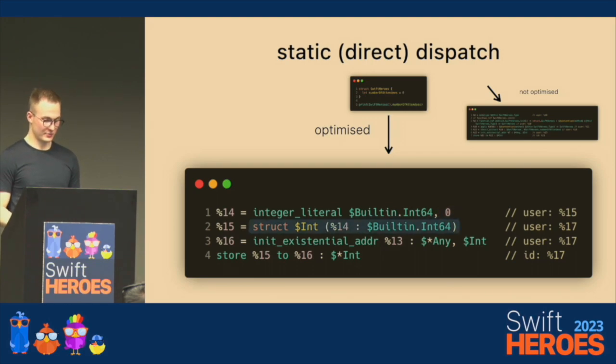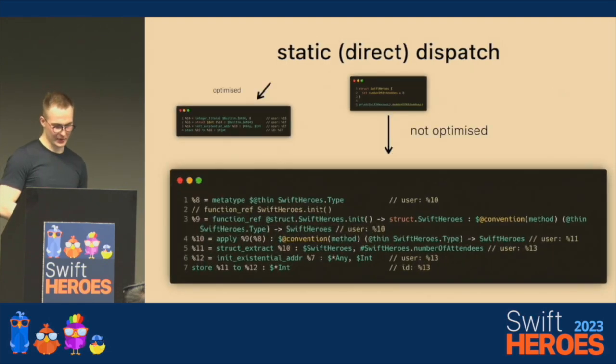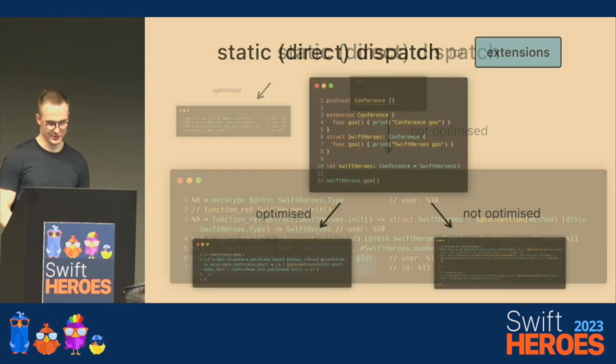Then we create the storage for that, and it will be filled later. In the non-optimized version, we need to create the struct, then access the struct and extract the value, and finally store it and pass it to the print function. So as you can see, with inlining and optimization of static dispatch, we can omit creating the whole structure, which can be time-consuming when it is larger than one getter function.